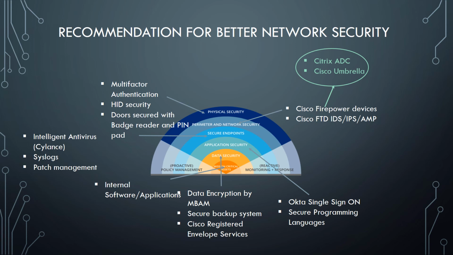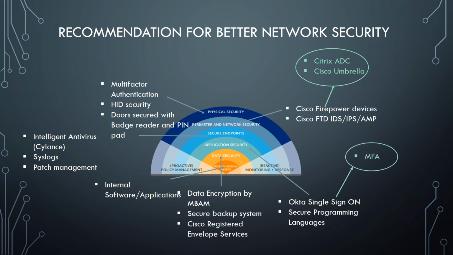And I need them for reverse proxy and load balancers for my web applications, internal web applications, external web applications, Exchange servers. So that's a good one to have. And also Cisco Umbrella, which used to be called OpenDNS, for URL filtering and URL monitoring.